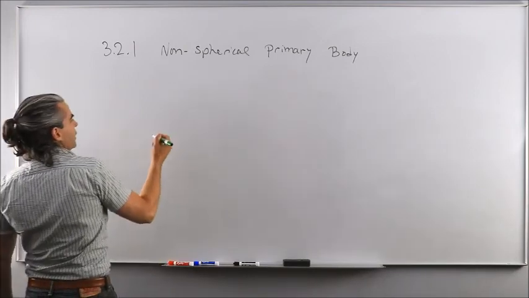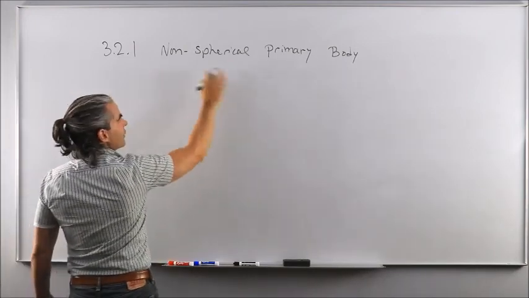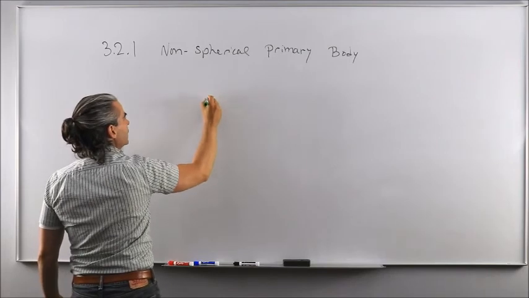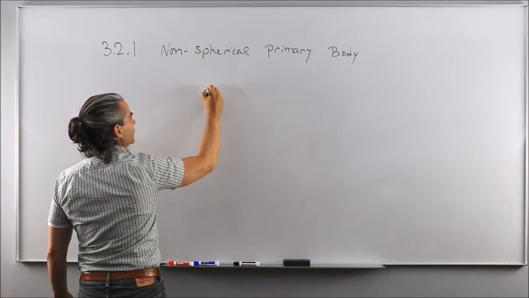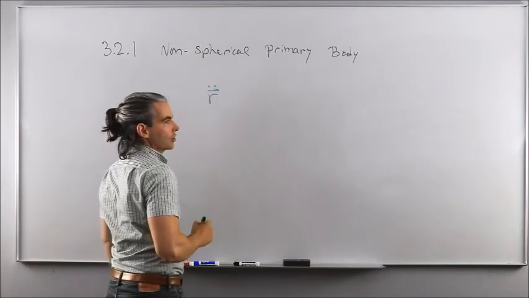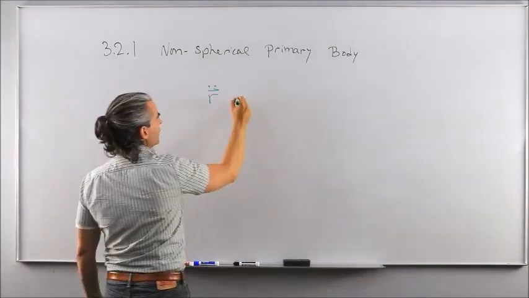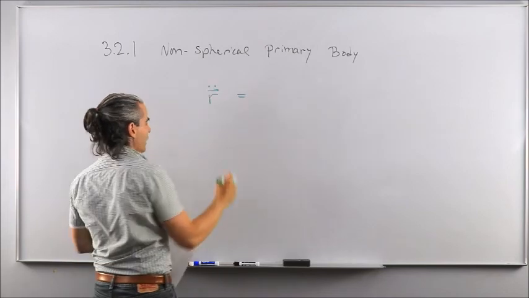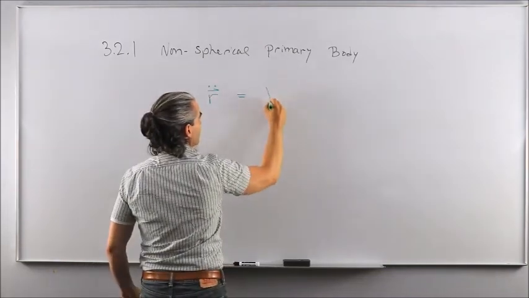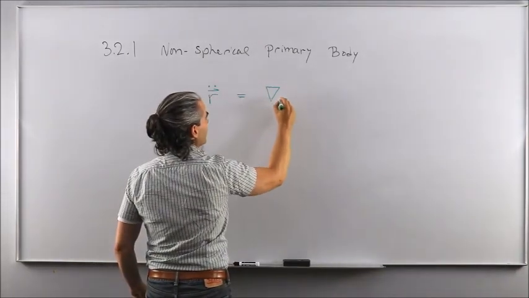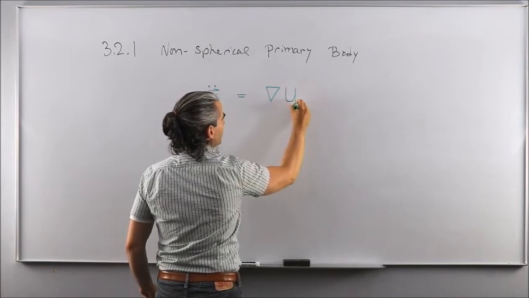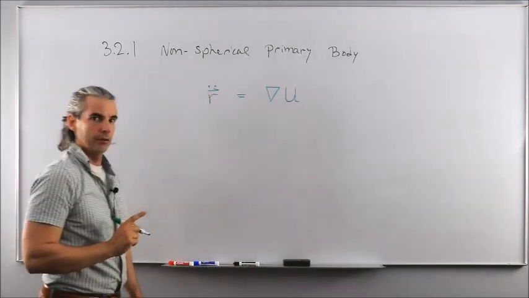Okay? To start off this derivation, we have to go back to the inertial acceleration of our spacecraft with respect to the primary body. And turns out that this inertial acceleration could have been obtained by taking the gradient of the geopotential function u.